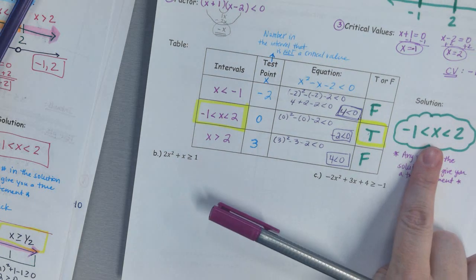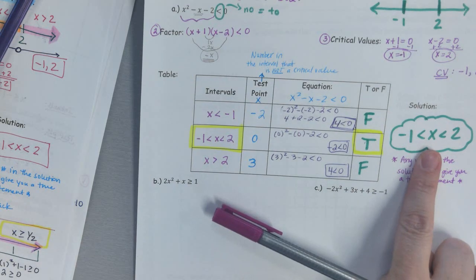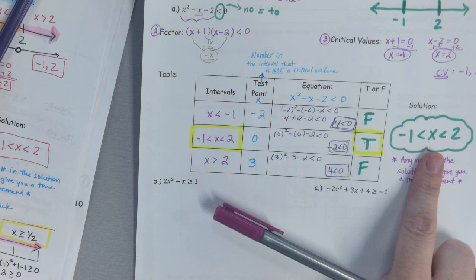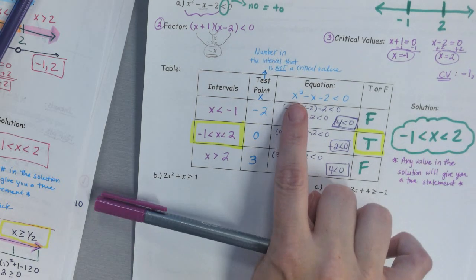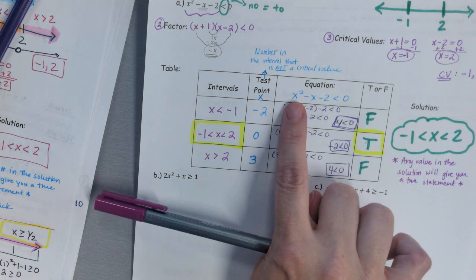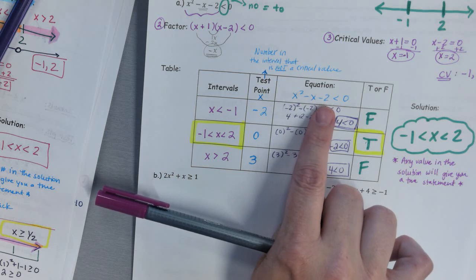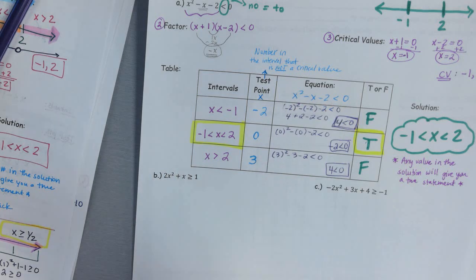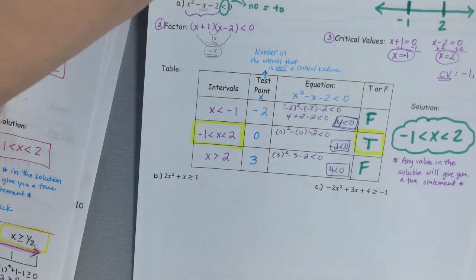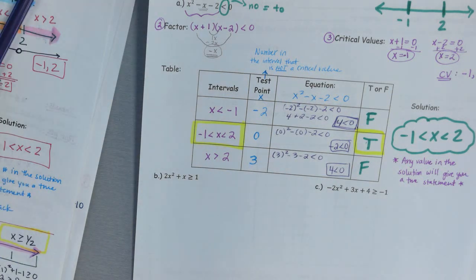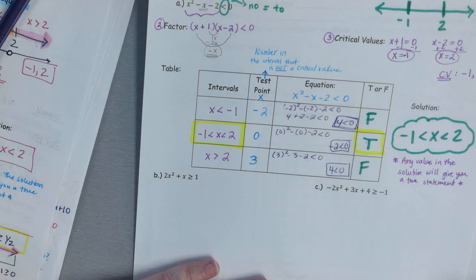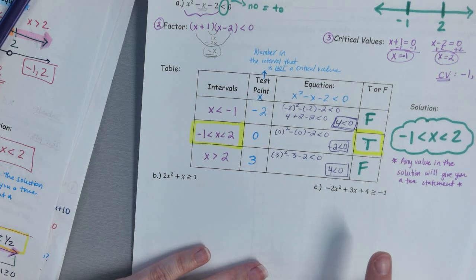You could try plugging in 1, but that would be a little bit more work. But if you plugged in 1, you'd have 1 squared minus 1, which is 0. You get -2. -2 is less than 0. Yeah, so then you know that it's correct. Okay, can you guys think of any questions for me at this point?